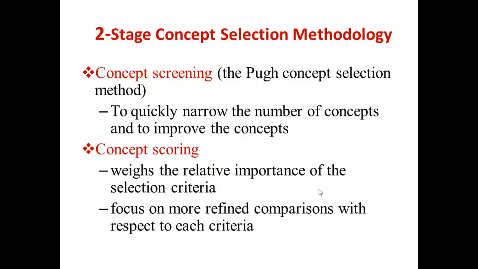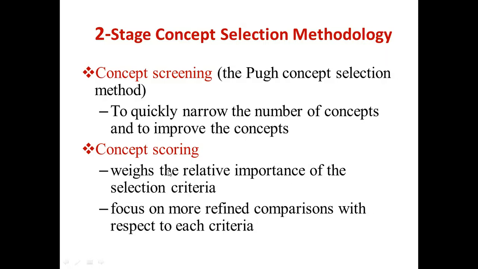Here we have two stages of concept selection methodologies: concept screening and concept scoring. In concept screening, we quickly narrow the number of concepts and improve the concepts. So you can easily narrow the number of concepts using the screening method.